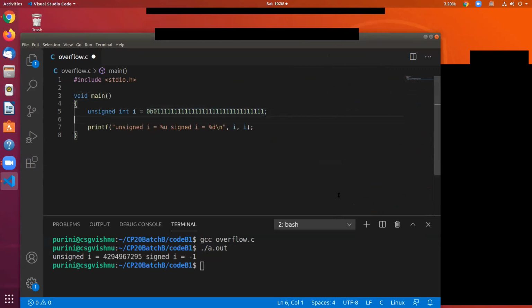Let's say for some reason there is a bad programmer. Or, what's the big deal, he's not a bad programmer. This is the amount you have in your bank account.